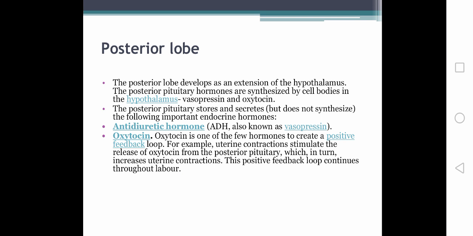The posterior lobe produces such hormones as vasopressin and oxytocin. It is a neurosecretion and is closely connected with the hypothalamus.